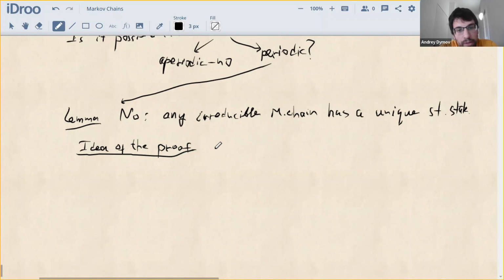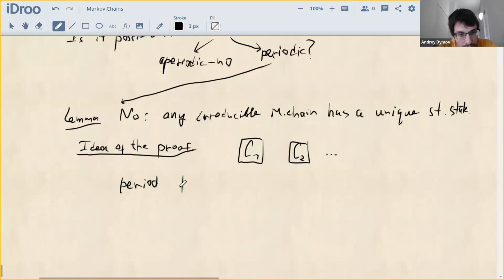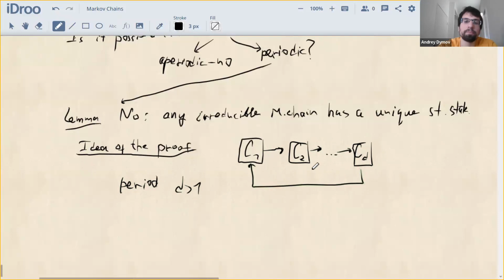Let us consider this structure of blocks C1, C2, C3, etc. We assume that the period of the chain is D, more than 1, because for period 1 we know that the chain is ergodic, so it has a unique stationary state. So from the block C1 we can pass only to the block C2, etc. From the block CD we pass to the block C1.